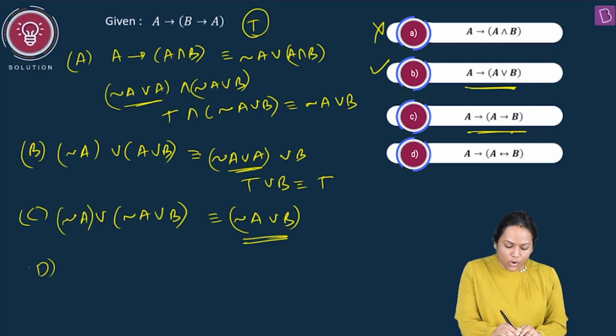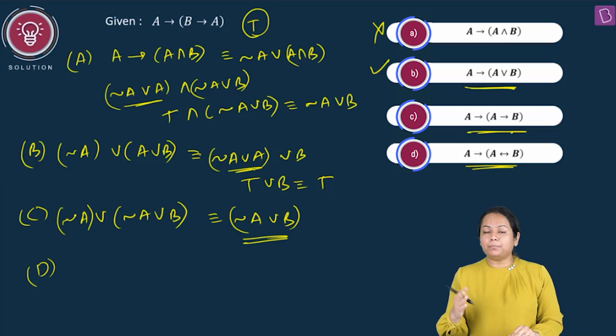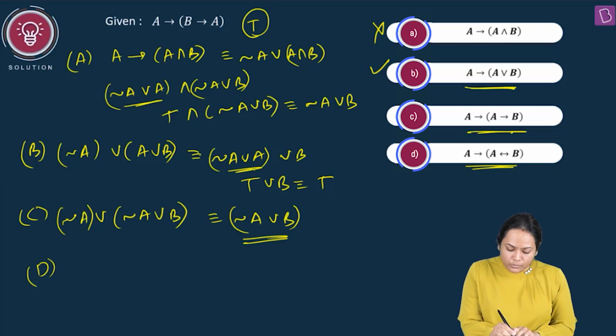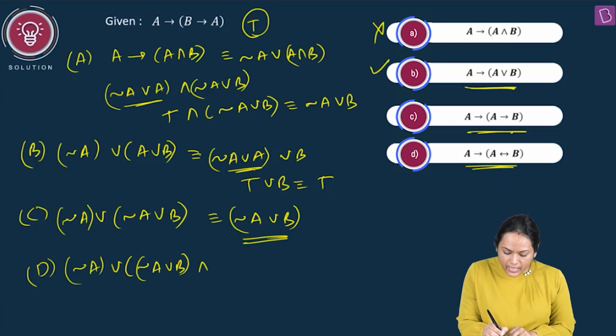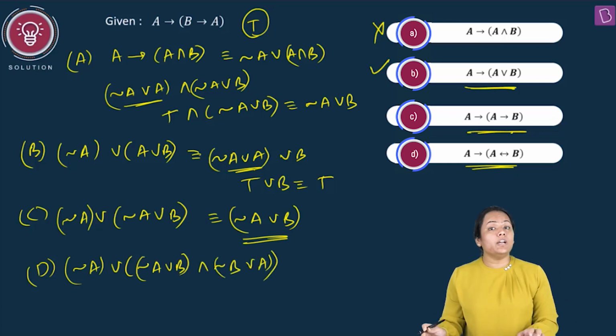Coming to my option D, it has A double implication B. A double implication B can be written as (negation A or B) and (negation B or A). Clear?